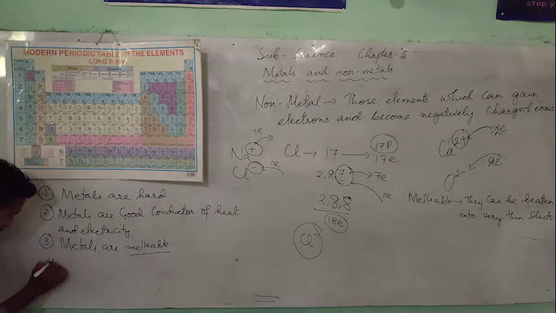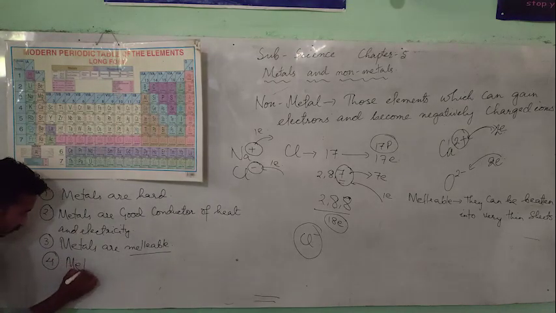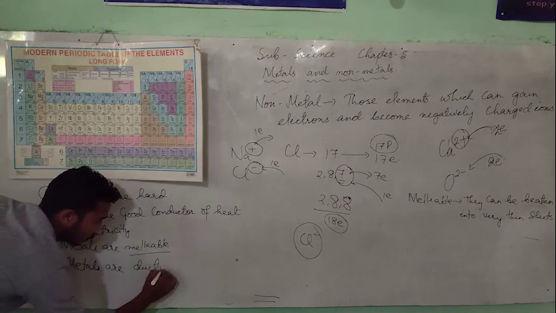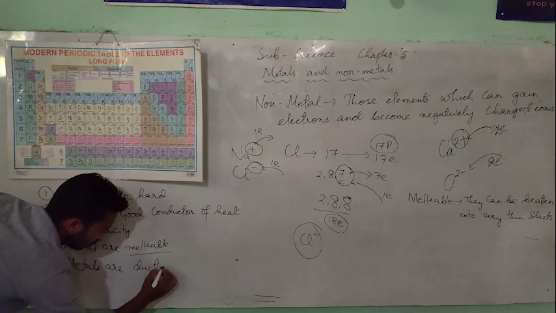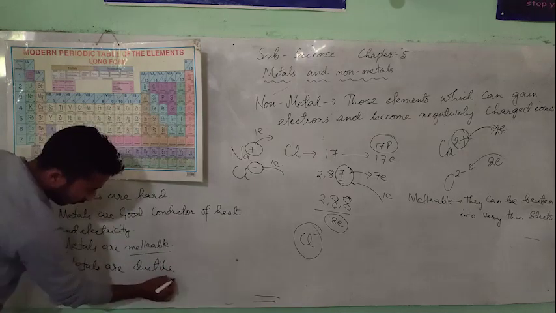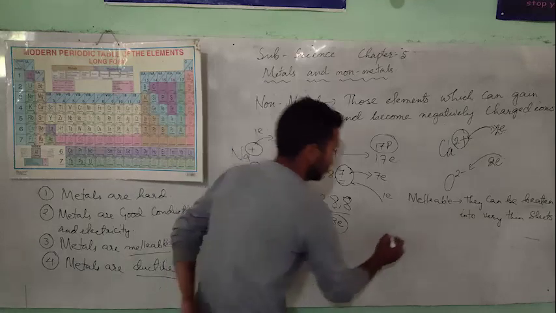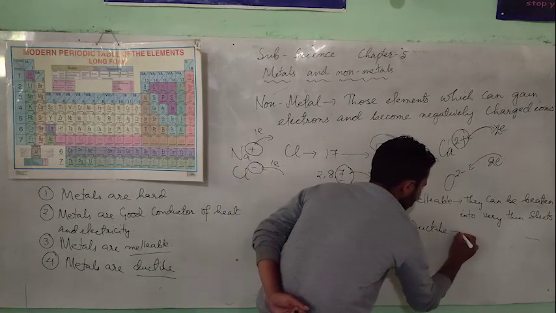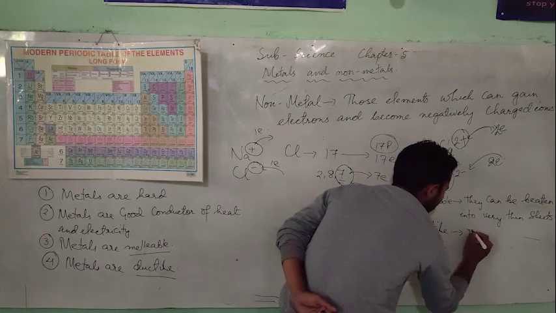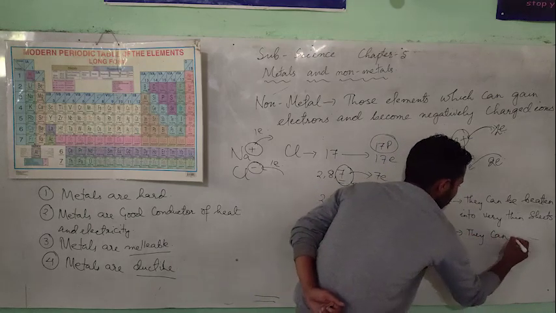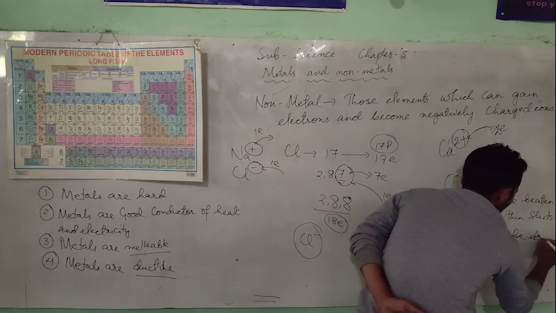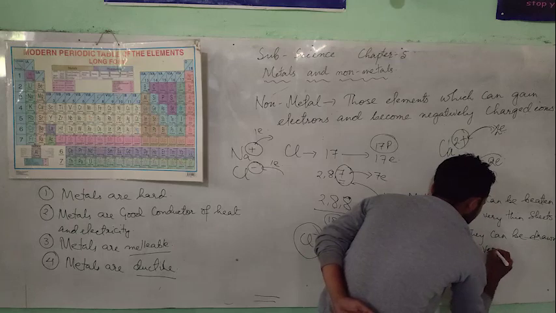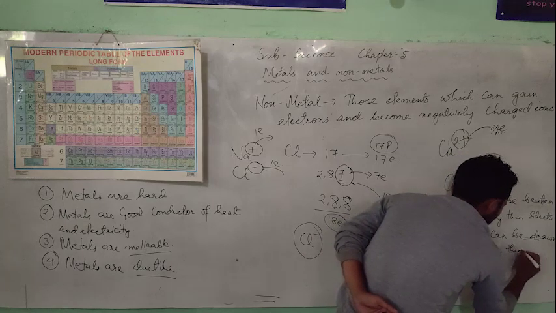And the fourth point is metals are ductile. By the word ductile, it means they can be drawn into very thin wires.